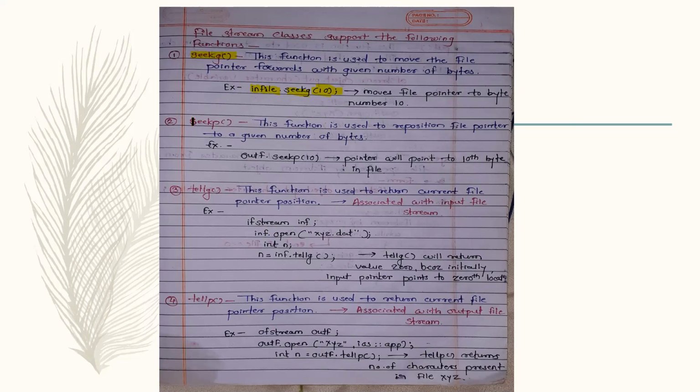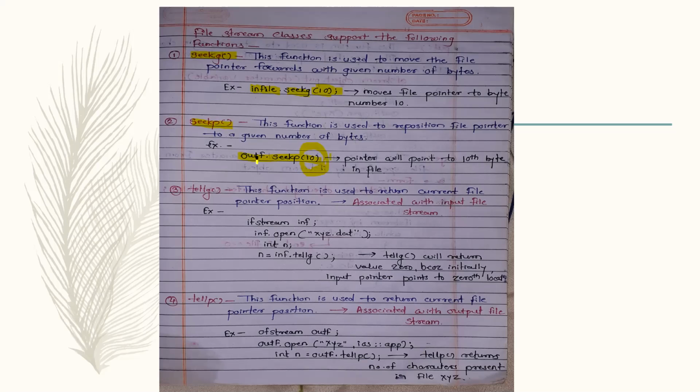Next function is seekp. This function is used to reposition the file pointer to a given number of bytes. Means specify the position of the file in the seekp function.